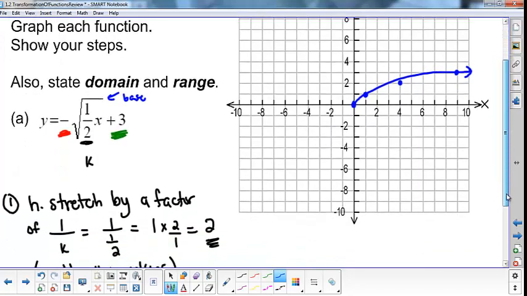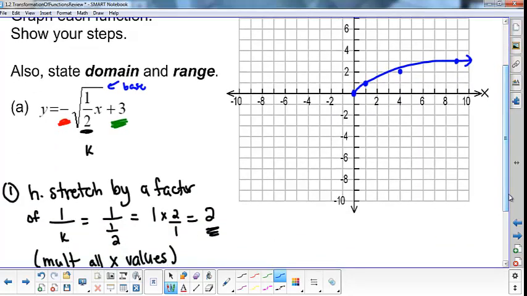So the first thing we do is stretch our graph horizontally. Like I said before, we're going to take all of those x values and multiply them by 2. The x value here is 0, and anything times 0 is 0, so it just stays where it is. The next point has an x value of 1, and we multiply it by 2, so it gets stretched to an x value of 2.